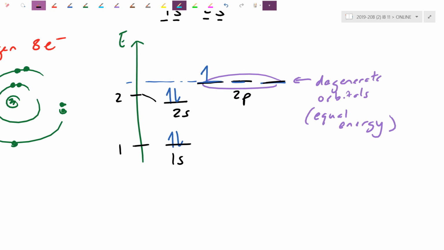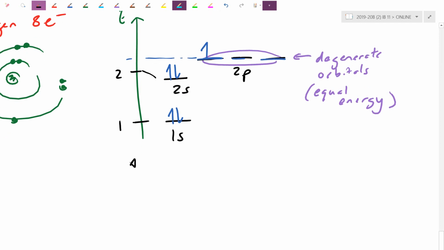So if you were the 6th electron, the next person that's going to be put into the hotel, you actually have a little bit of a choice. Do I go into the room that the 1st electron went in and pair up with them, or do I take my own room? Both of them involve degenerate orbitals, both involve me being the same distance from the core. This is our last rule, and we're going to call this Hund's rule. Hund's rule sounds fancy.